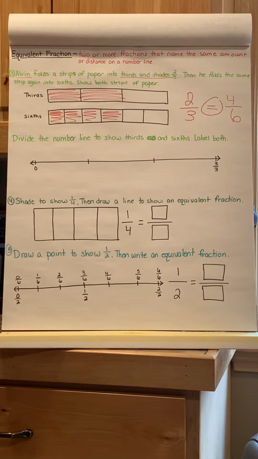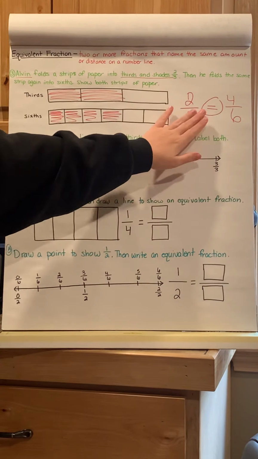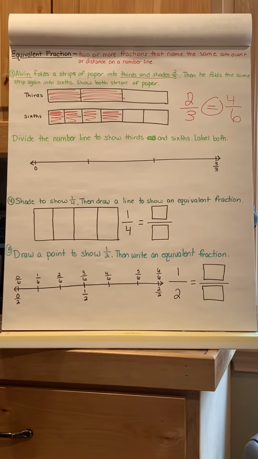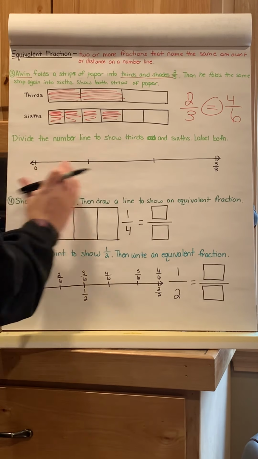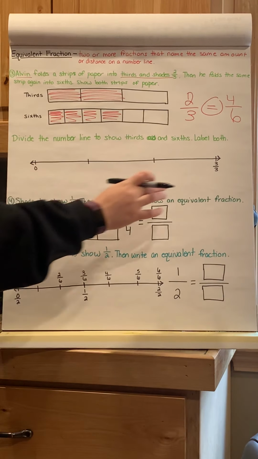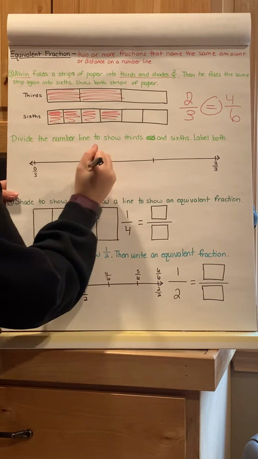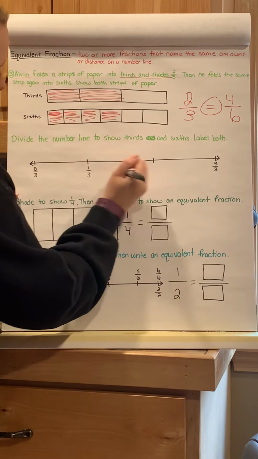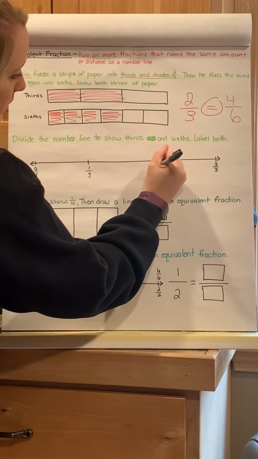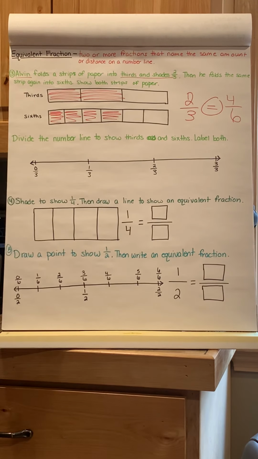Now, we're taking this same equivalent fraction and putting it onto a number line. So divide the number line to show thirds and sixths. First down here, it's already started. I start with 0 and 3/3. So I know 0, thirds, 1/3, 2/3, and then 3/3.